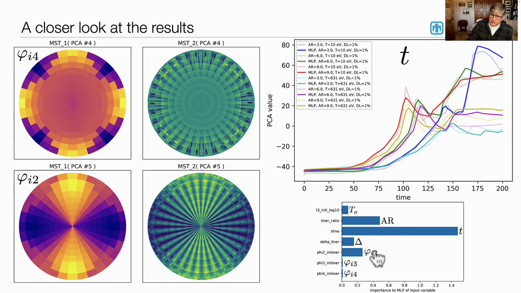What is a bit interesting, and shows what is involved in the physics of what's going on, is that the next most important is the phase of the m equal 2 or dipole character.